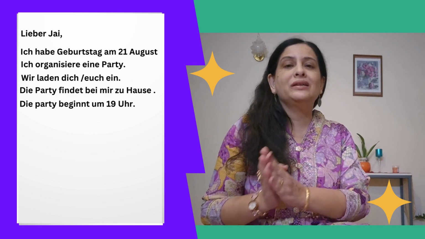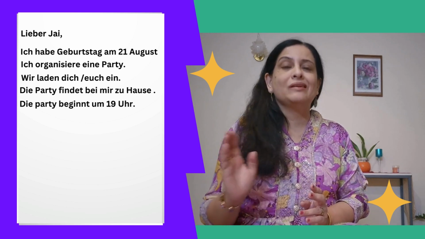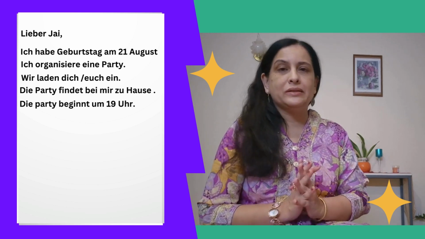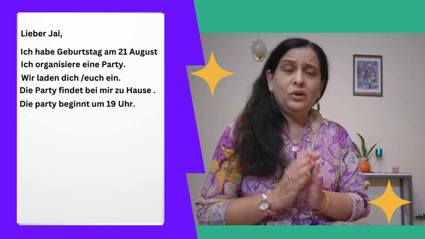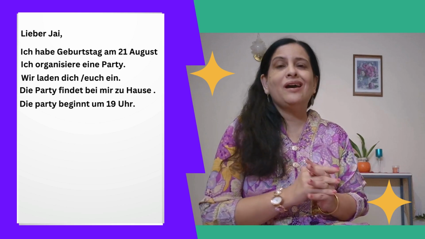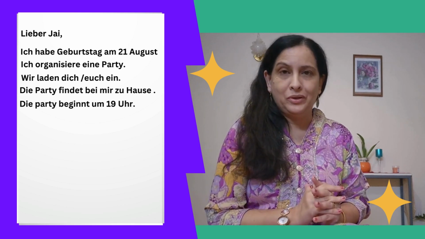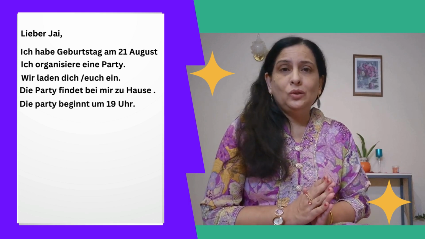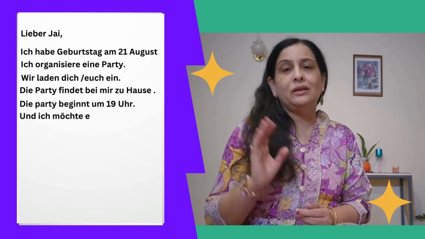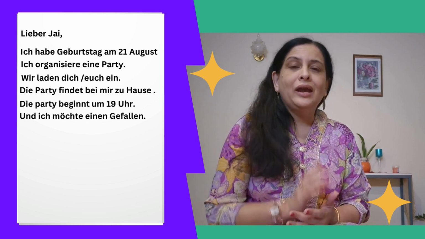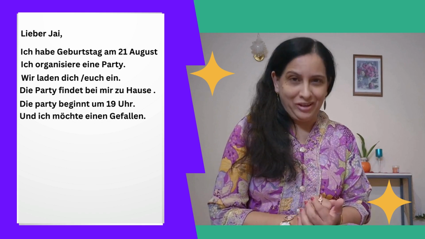So that's why it is 19, meaning 7 o'clock. Okay, this is clear. Now, in an informal letter you can ask your friend for help. Clear? So the next sentence will be Und ich möchte einen Gefallen, meaning and I want one favor.